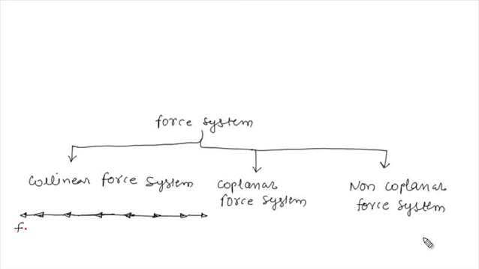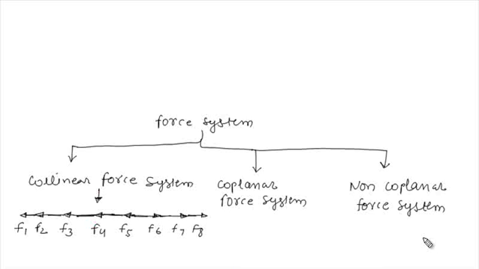Suppose we have forces F1, F2, F3, F4, F5, F6, F7, F8 and so on. If the line of action of all these forces passes through the same line, we can say this is a collinear force system.